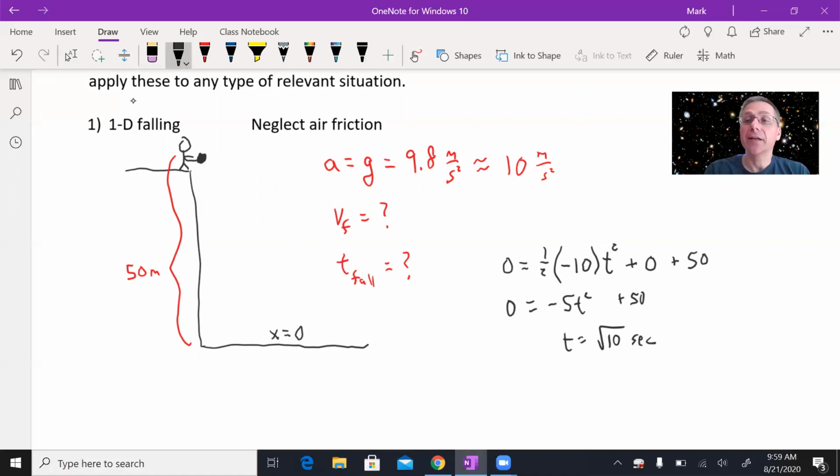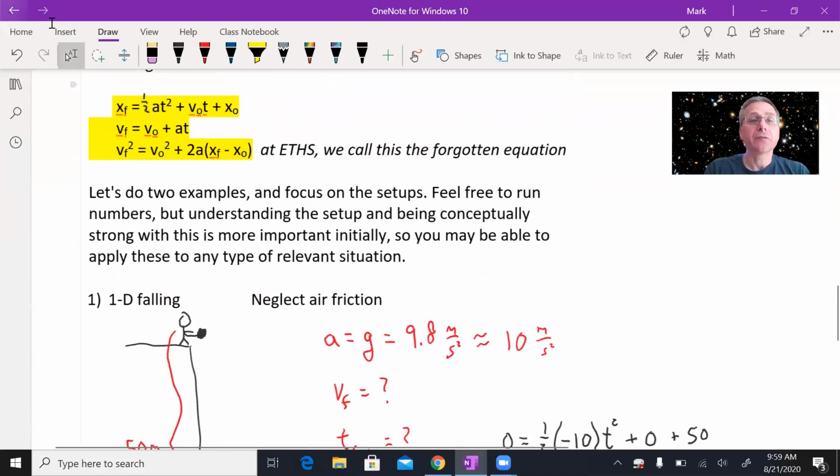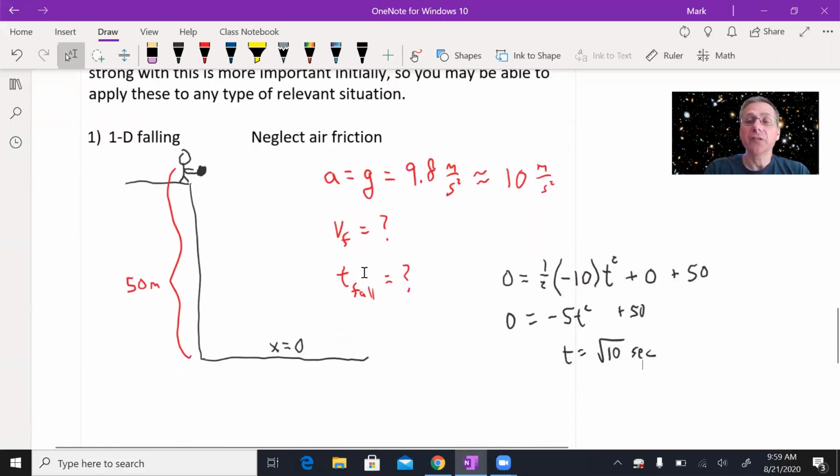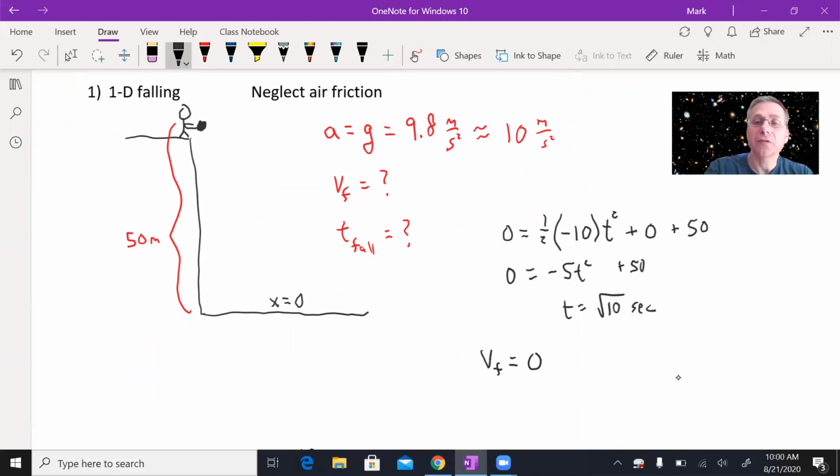What if we wanted to find the final speed? Well, if we look at our equations, this middle one here, the velocity equation, the initial velocity is 0. The acceleration is gravity, so -10. And we just figured out the time it takes to fall. We can just plug and chug into that to figure out what the final speed is when you hit the ground. Okay, 0 is the initial speed.